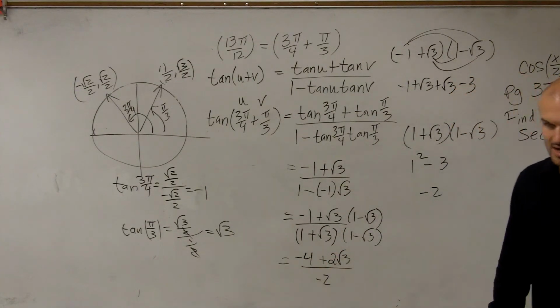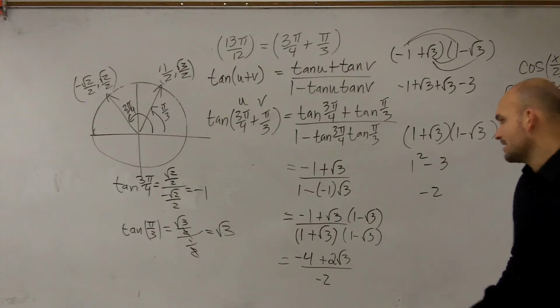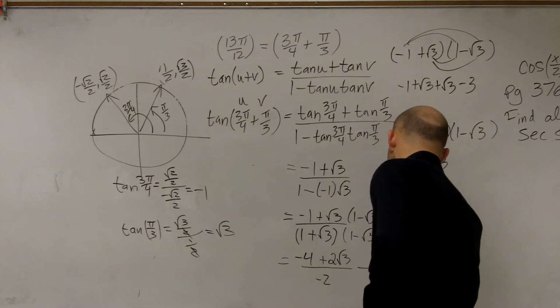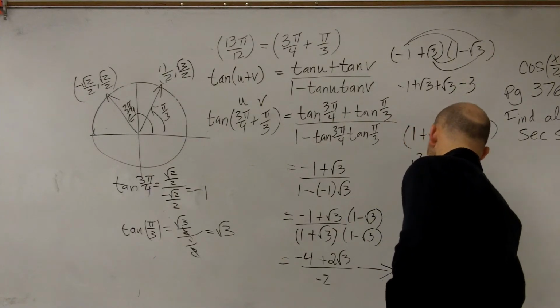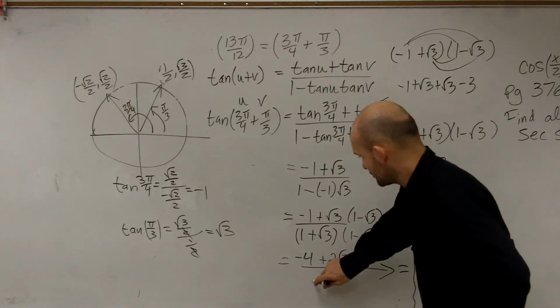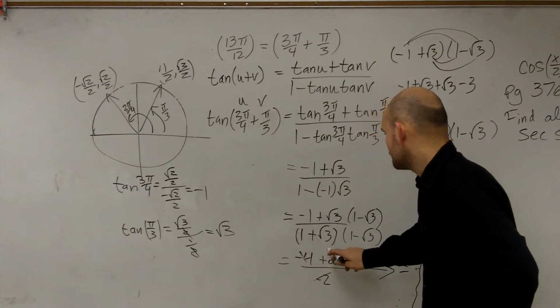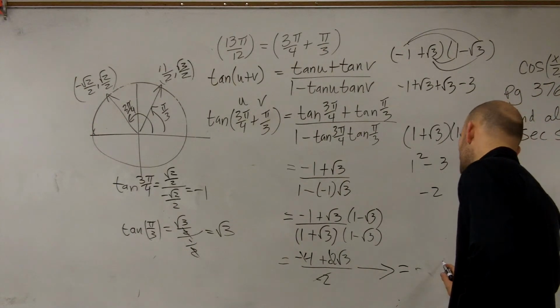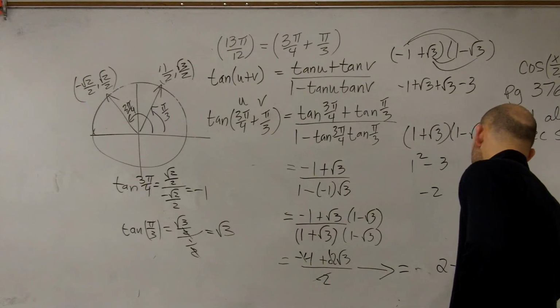Now, can I factor out a common term? I can factor out a negative 2. So for my final answer, I can actually just divide everything by a negative 2. And therefore, I'm left with a positive 2 minus square root of 3.